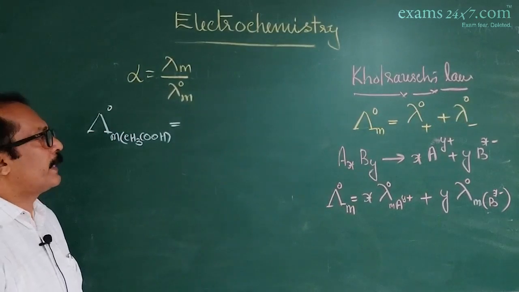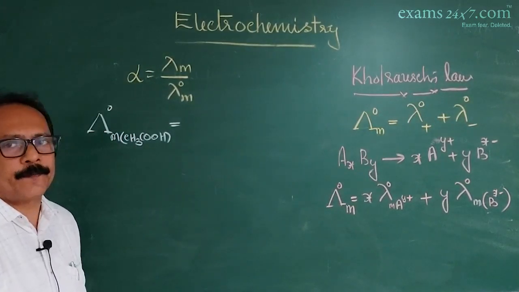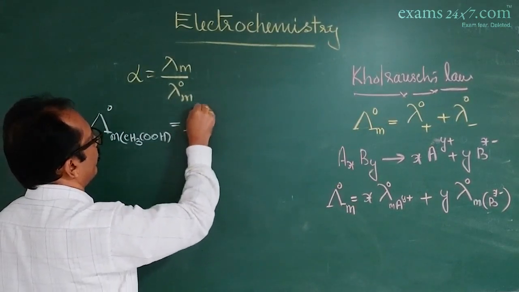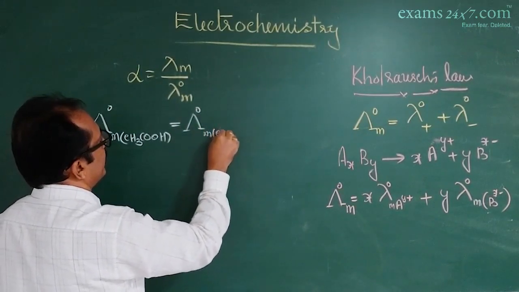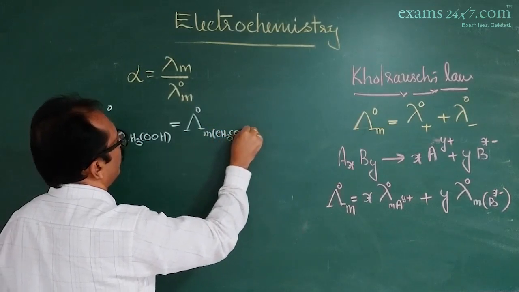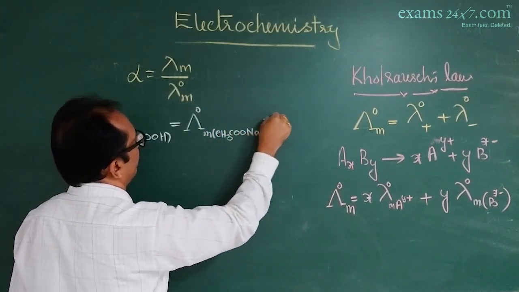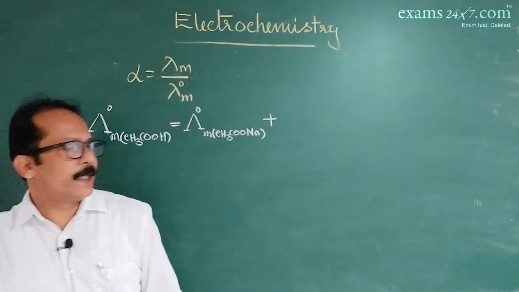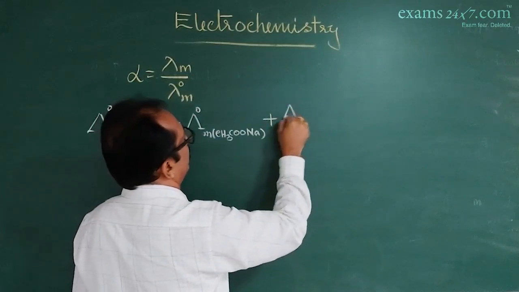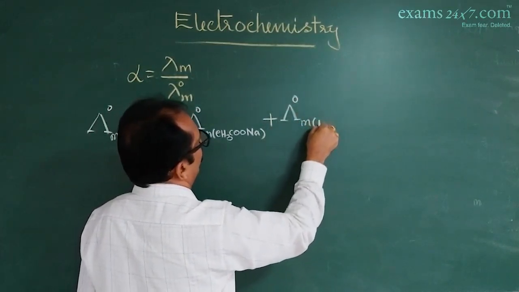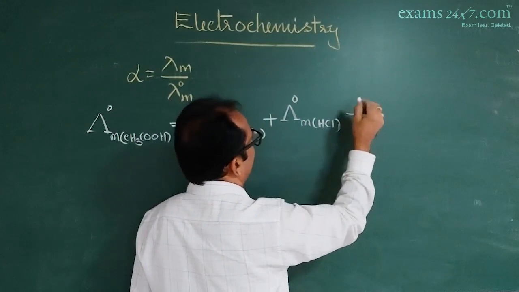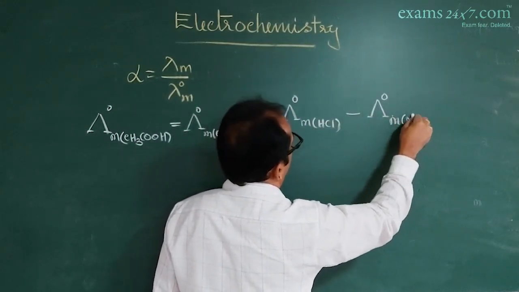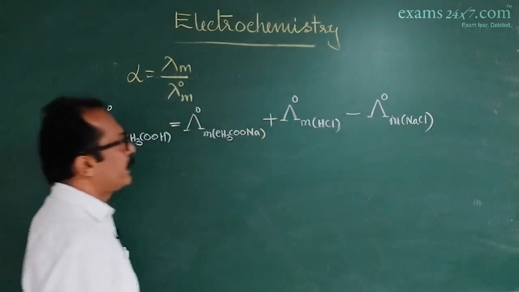So the molar conductivity of a weak electrolyte can be calculated using three strong electrolytes: sodium acetate, CH3COONa, plus hydrochloric acid, minus the molar conductivity of sodium chloride, NaCl.